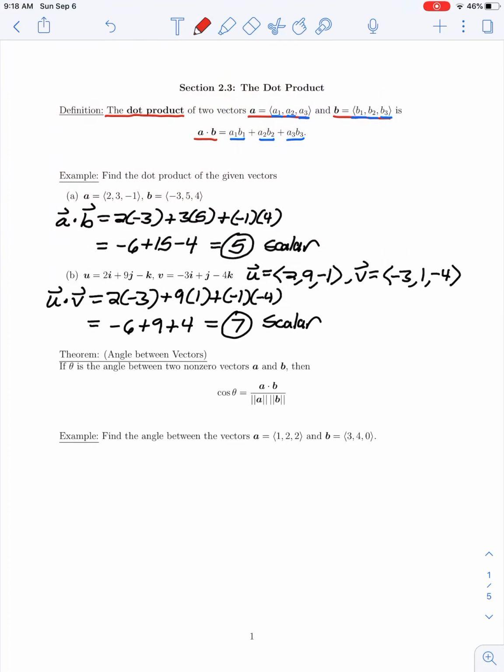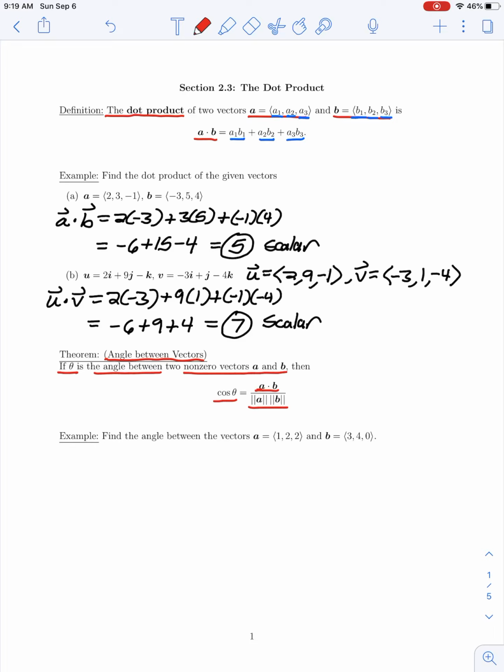So this theorem I will call the angle between vectors formula, which says if theta is the angle between two non-zero vectors A and B, then cosine of that angle theta is given by the ratio of the dot product of A and B divided by the product of the magnitudes or the lengths of A and B.